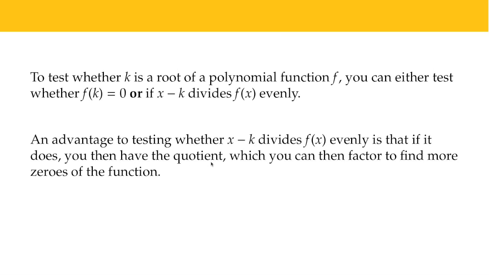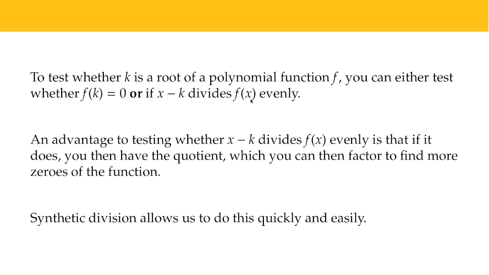We'll have another video in this module that will go through that process. And also, that division does not have to be that cumbersome, because remember, we have that new shortcut of synthetic division that allows us to divide as long as we are dividing by something that is linear. That is, it's just an x, not an x squared, x cubed, or anything like that, and the coefficient is 1.